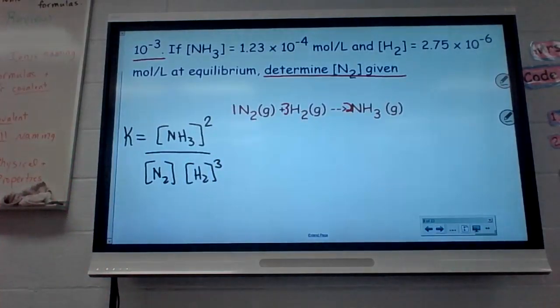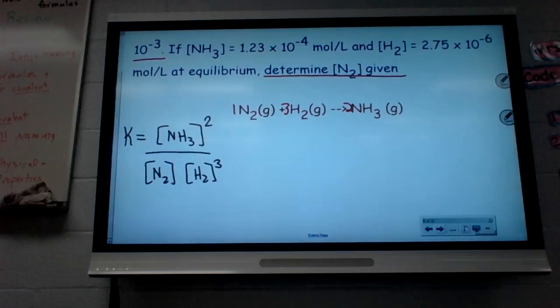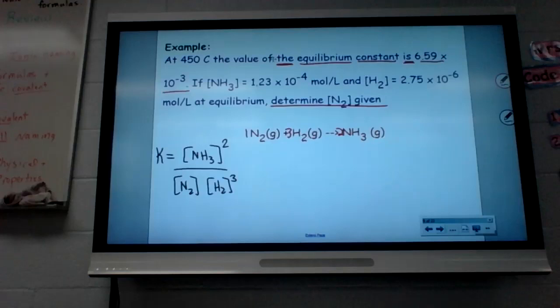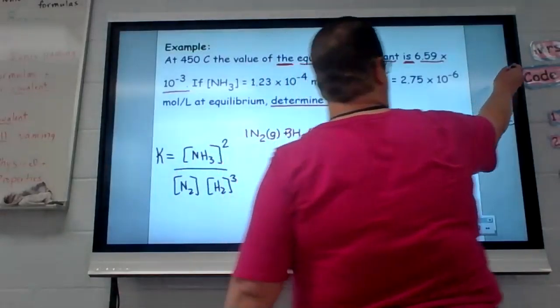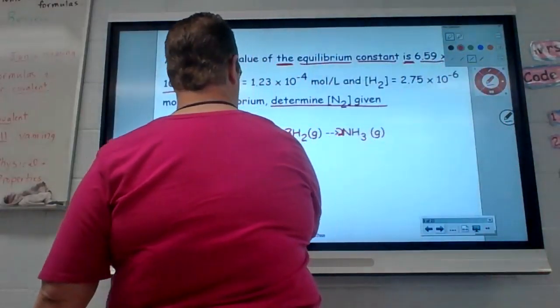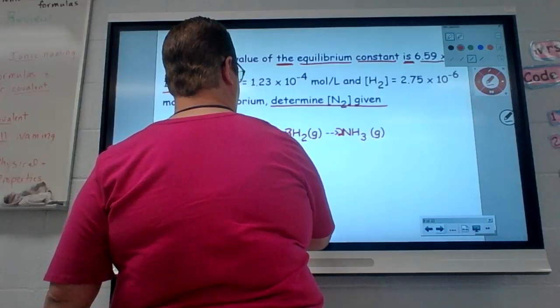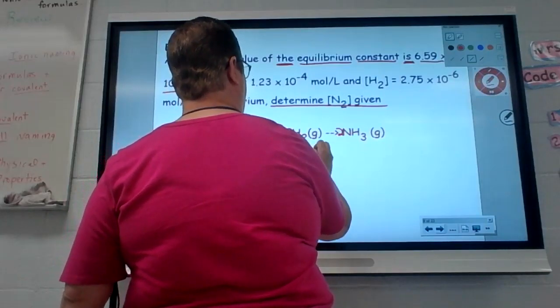This is why I said I gave you the K, because this time we need to plug it in for K instead of the brackets. K is the equilibrium constant, and K is 6.59 times 10 to the negative third.